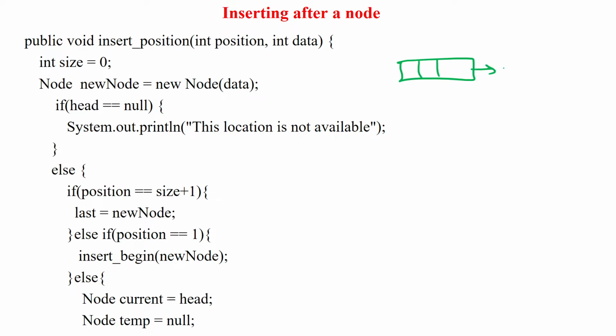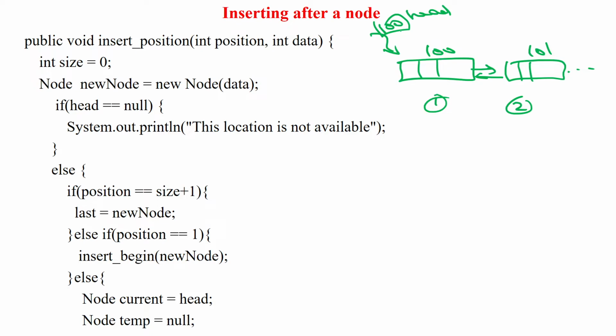Now if I want to insert at position number 1, what can we do? Here the head is pointing to the first node. If I want to insert at the first position, the new node is created.